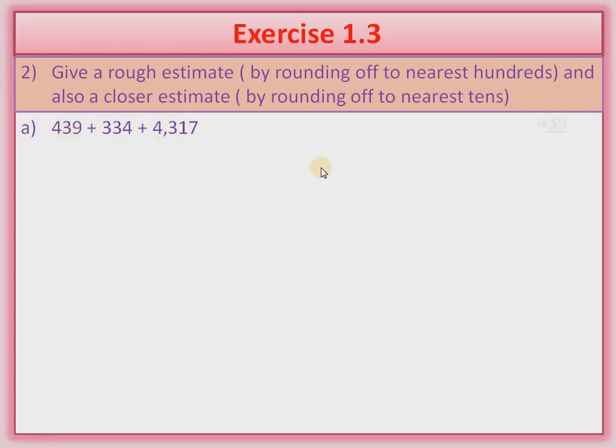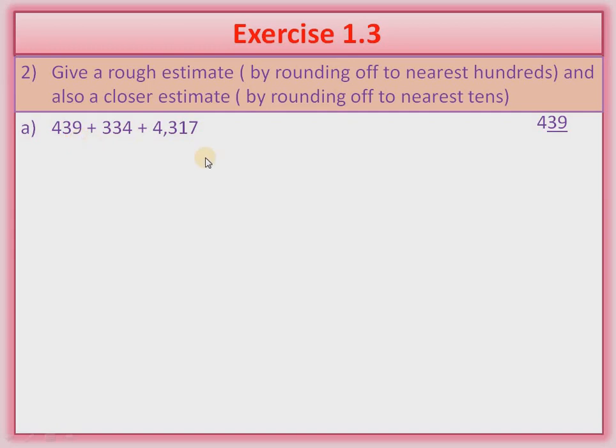So first we are going to round off 439. We are rounding off to 100. So what we have to do: we make a line before the last 2 digits.